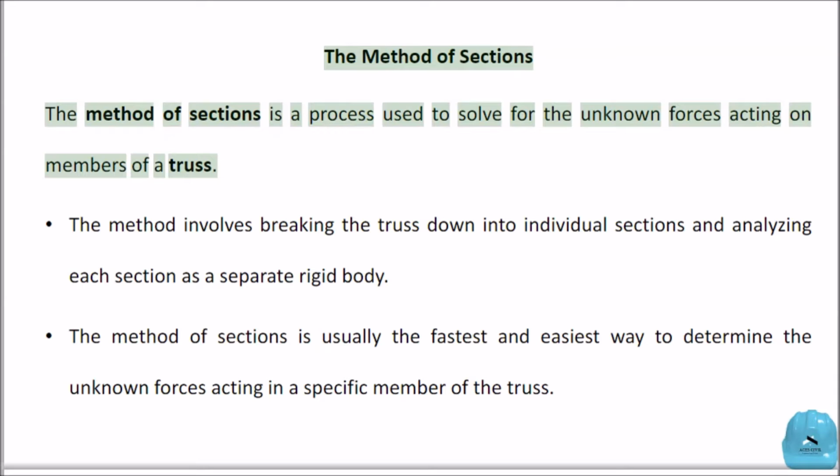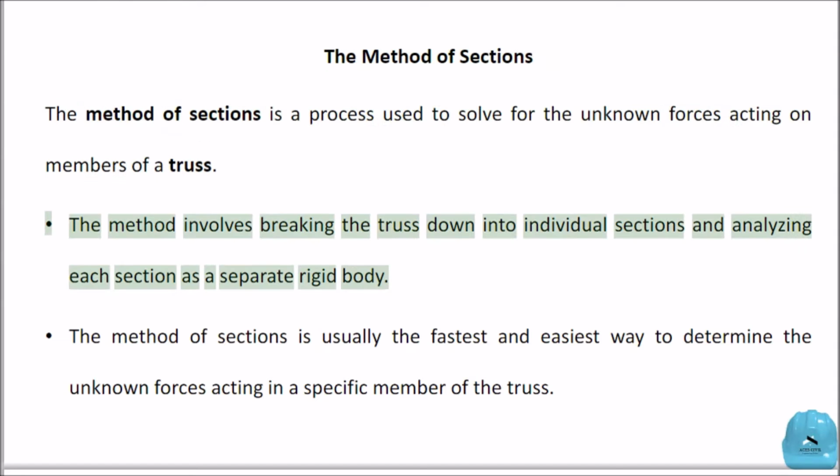The method of sections. The method of sections is a process used to solve for the unknown forces acting on members of a truss. The method involves breaking the truss down into individual sections and analyzing each section as a separate rigid body.